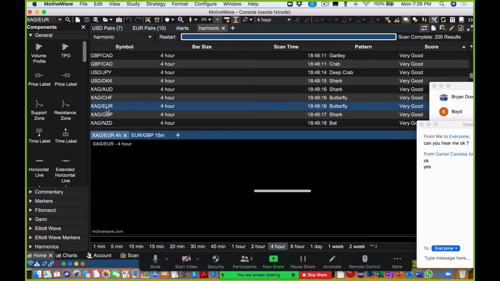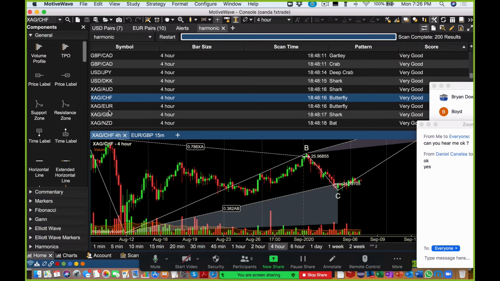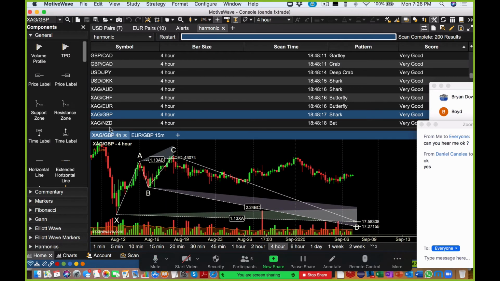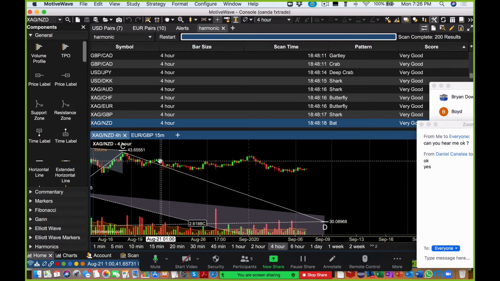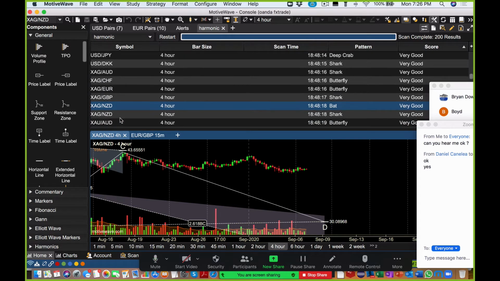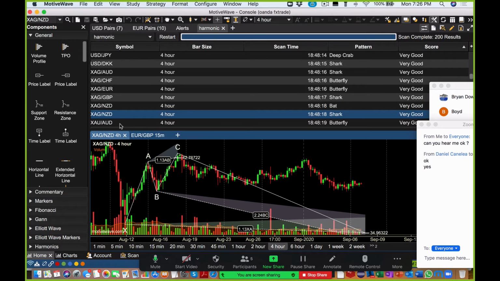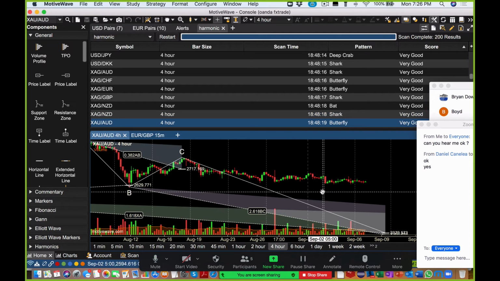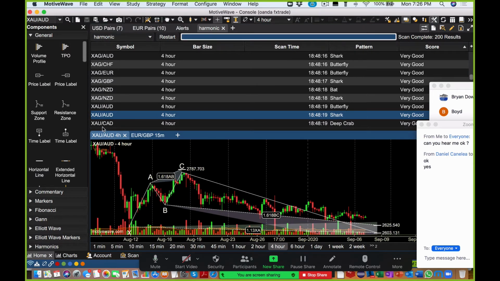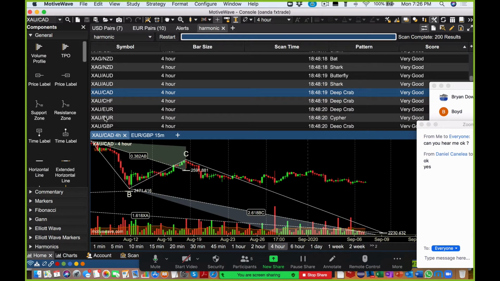So you can see here we had euro and Swiss franc, but now we've got a short in British pound. We have a short in New Zealand dollar. So there's something going on between these currencies for silver. So silver in Swiss franc, silver and euro showing longs, but the other ones here are showing shorts. Another short. Here we have gold in Australian, short, and again, short, a short in Canadian.